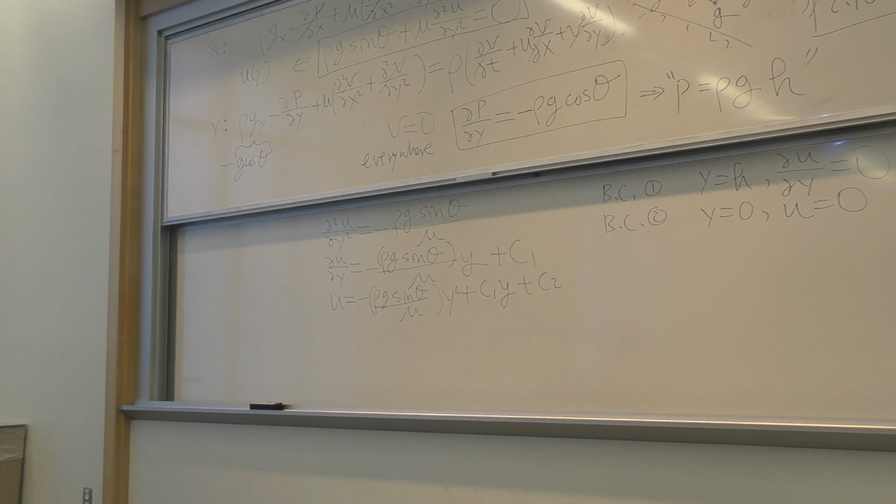It's a parabolic velocity distribution of that thin layer of water along that plate. Sketch it. It's a parabola with zero gradient or zero slope right at the surface.